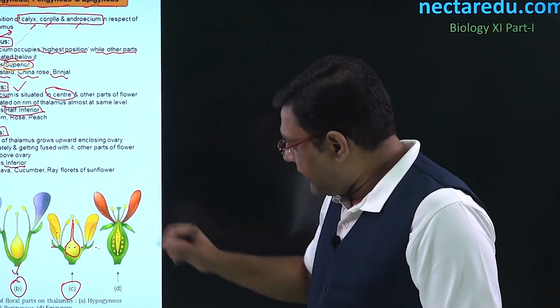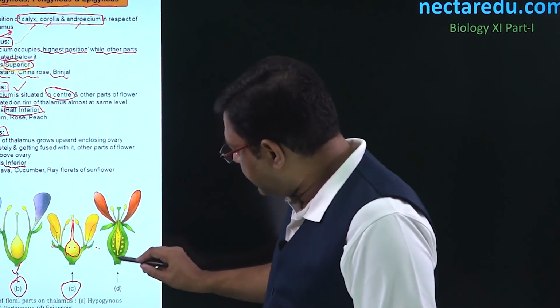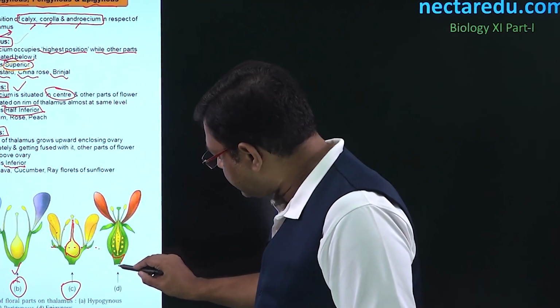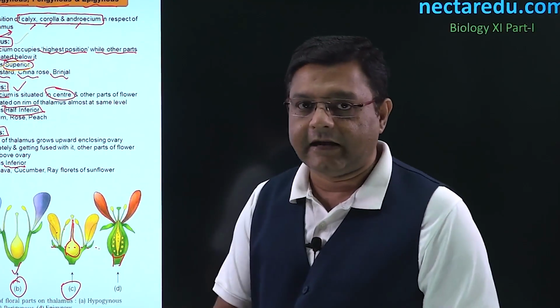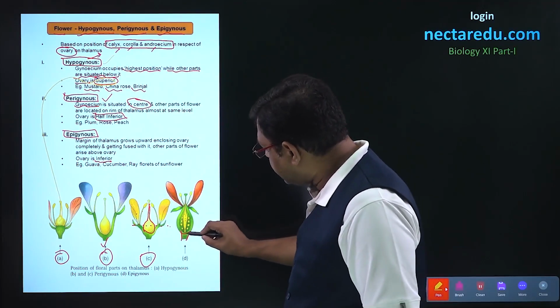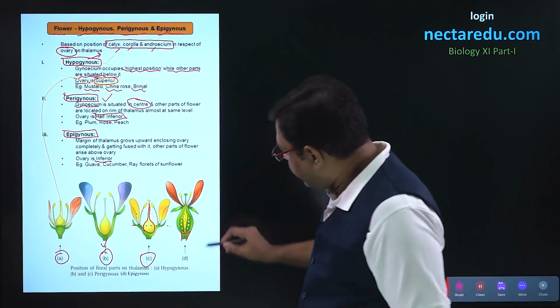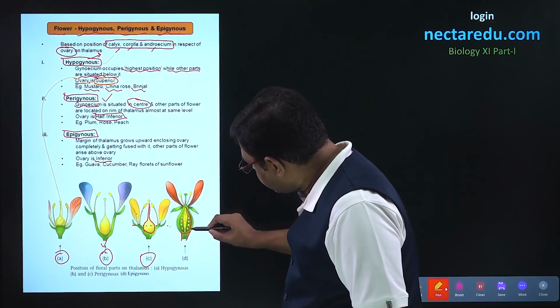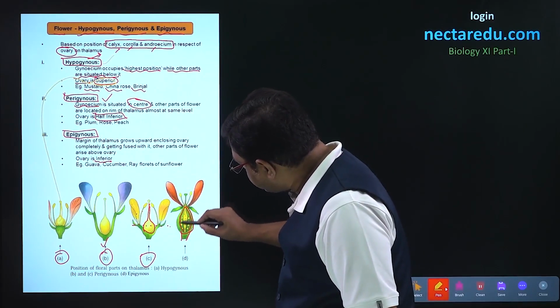We can look into this particular diagram. In this case, what happens? This greenish part was the thalamus. Now this thalamus will grow, and if this thalamus grows, then it will enclose the ovary.